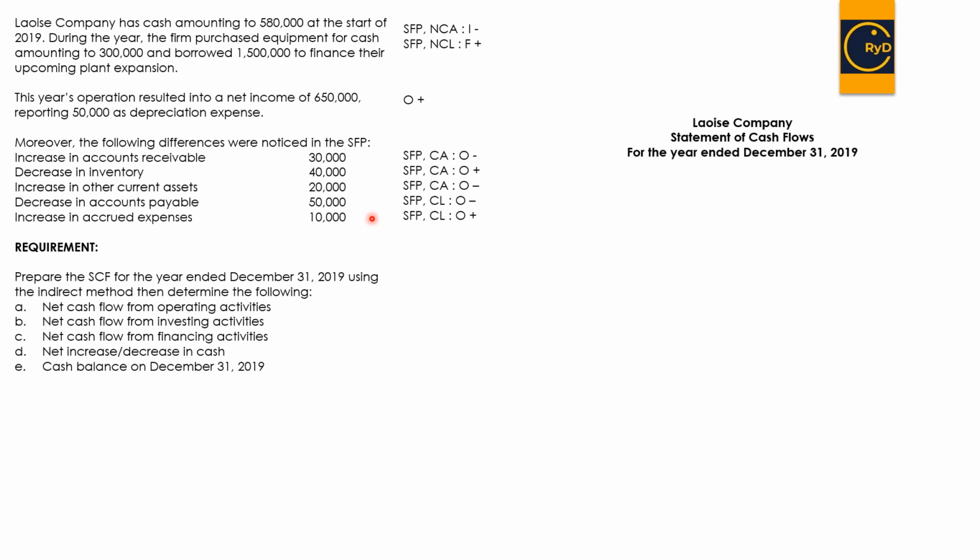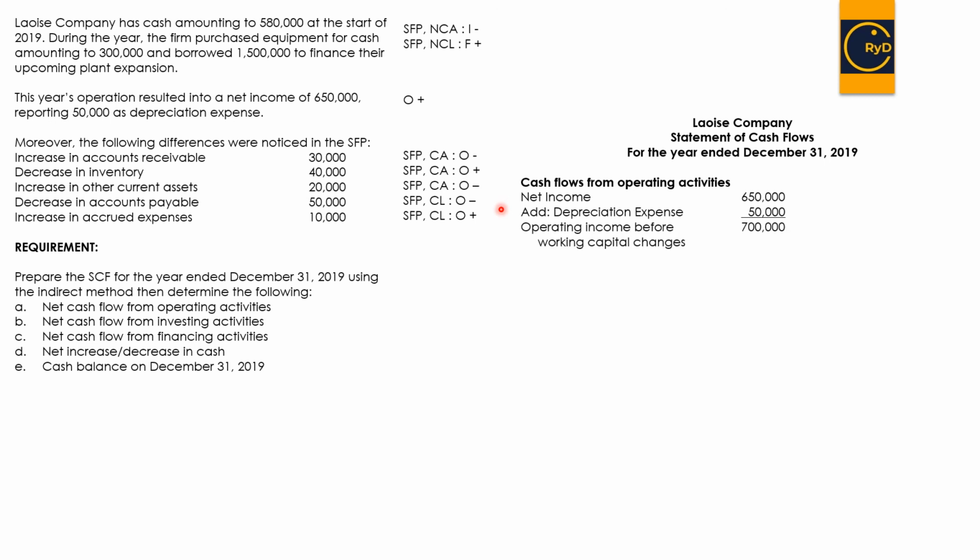So again, we start with our heading, Lisha Company Statement of Cash Flows for the year ended December 31, 2019. So for our cash flows from operating activities, we start with our net income at 650,000. Then we add our depreciation expense at 50,000 to arrive at our operating income before working capital changes at 700,000. Then we add or deduct the changes in our working capital.